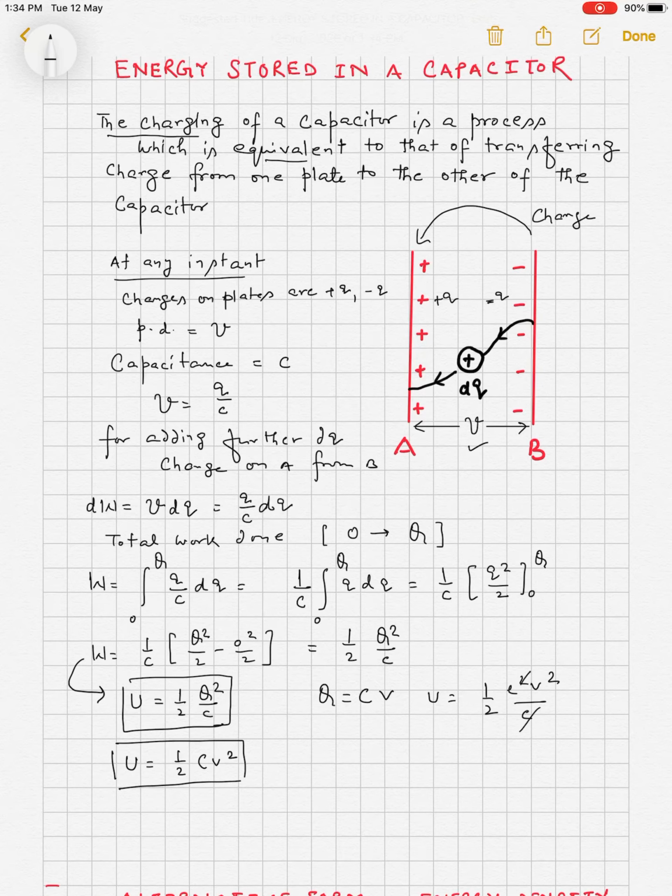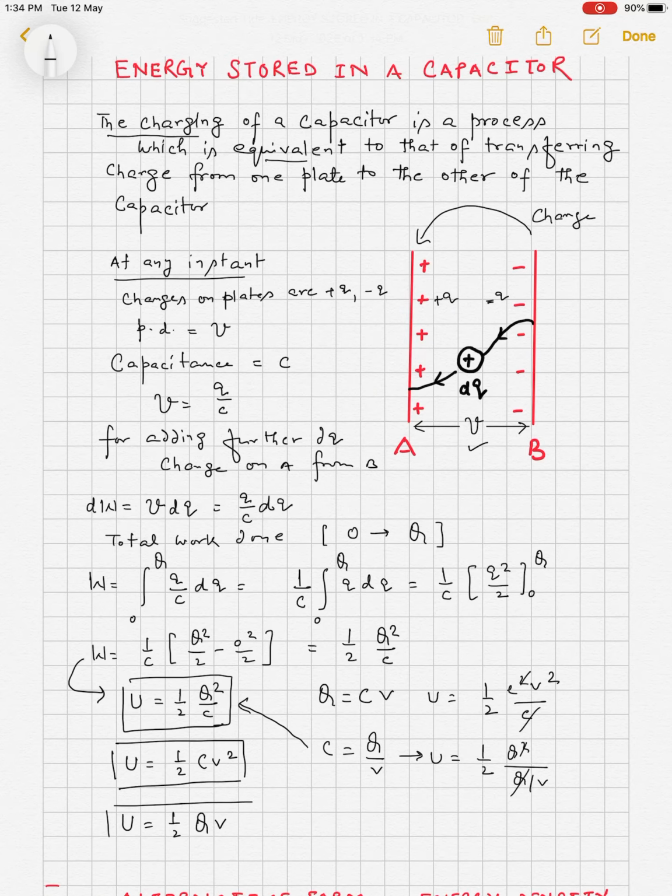When we put C equal to Q upon V in this equation, we get U is equal to half Q square upon C, with C as Q upon V. So Q is cancelled out, and it is half QV. So the third equation is U equal to half QV.